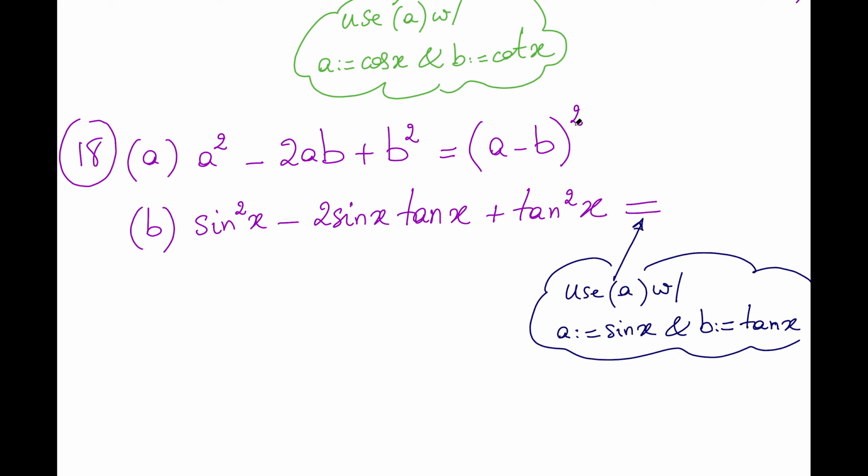This is A minus B squared, and A is sine that we chose, and B is tangent. So that's going to be the square of the difference between A and B, and A is sine and B is tangent. So sine x minus tangent x, squared. Agree? Okay, so this is number 18.